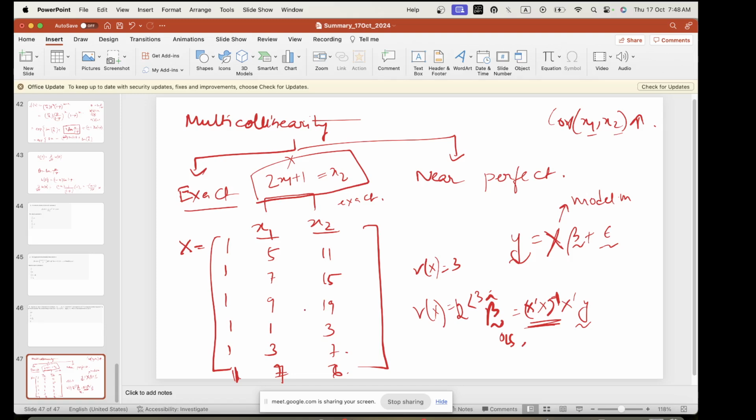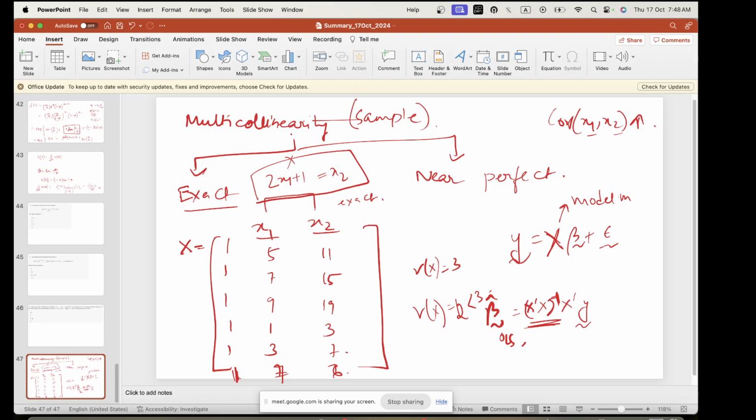So remember, it depends on the sample, on how you conduct your sampling. It is also known as a sample phenomenon.